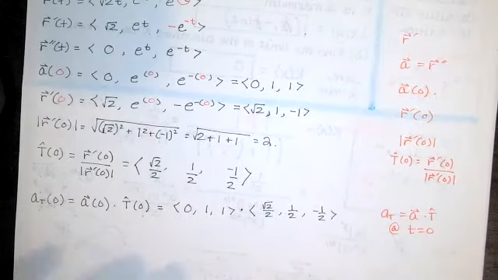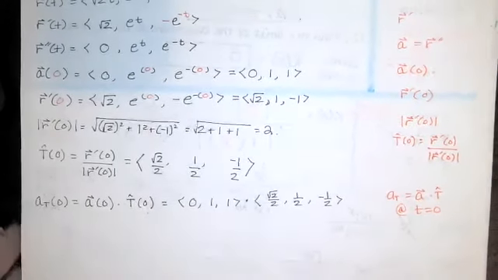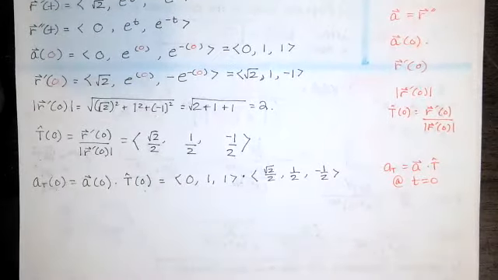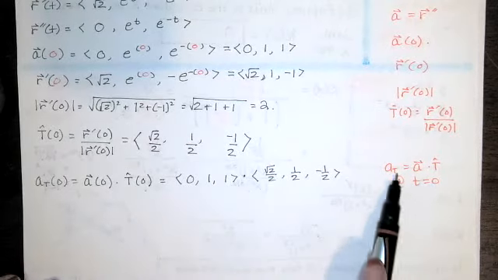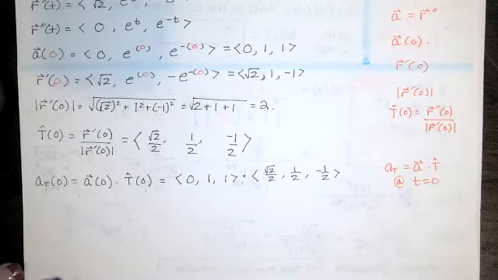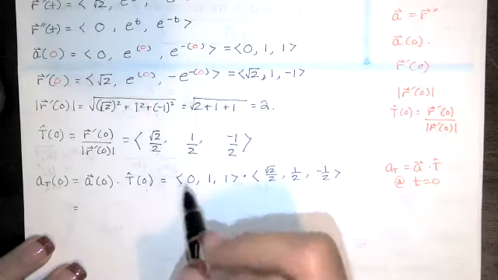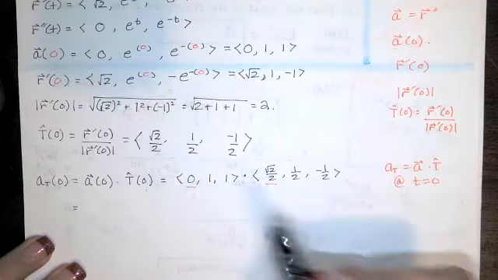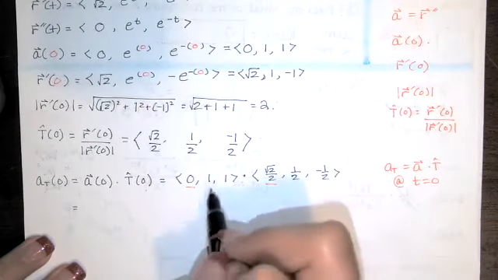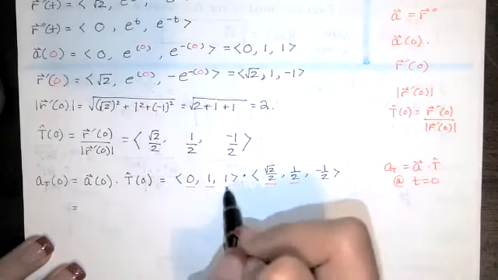I'm just dropping the dependence on lowercase t, but remember we're evaluating everything at t equals 0. When we compute a dot product, you take the components, you multiply and add. So we'll do this times this, and then we'll add this times this, and then add this times this.